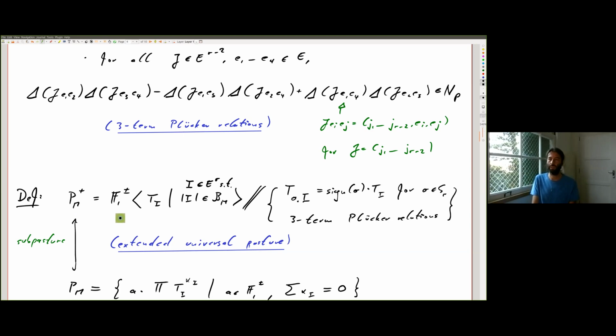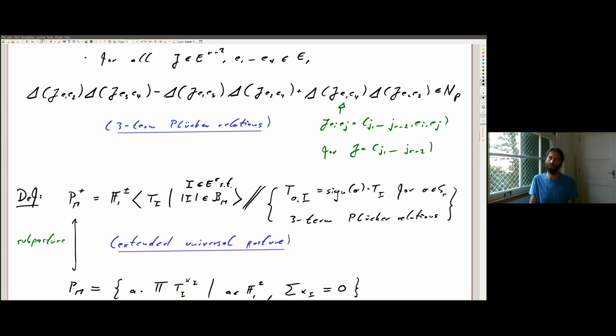This is F1 plus minus associate variables Ti, where I take a symbol Ti for every R tuple in E such that the support of the R tuple is a basis of M. So I varies through all elements in the support of such a representation delta, if you want, modulo the relations T sigma I is equal to sign sigma times Ti. This encodes the fact that representations are alternating functions. And the three-term Plücker relations.